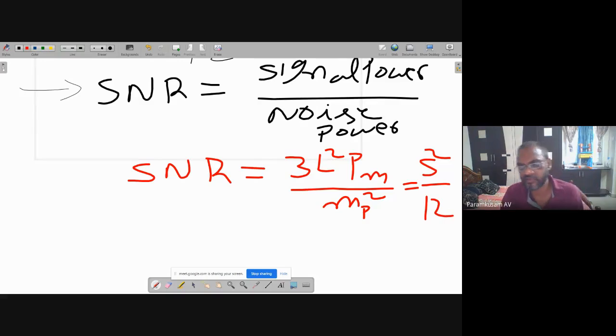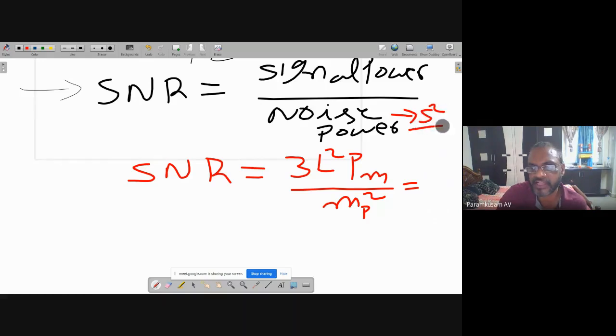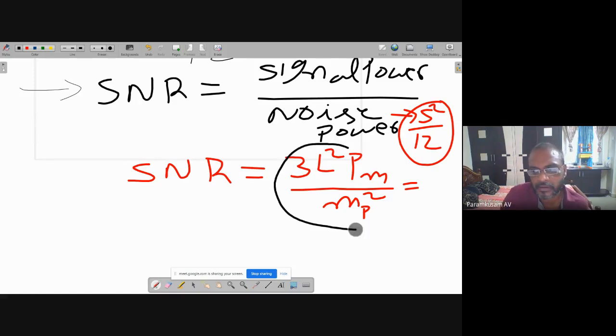Whether it is S²/12 or 3L²/MP²... sorry, it is not S²/12. This noise power is S²/12. That is fixed. Here the noise power is 3L²/MP², and that is equal to S²/12.